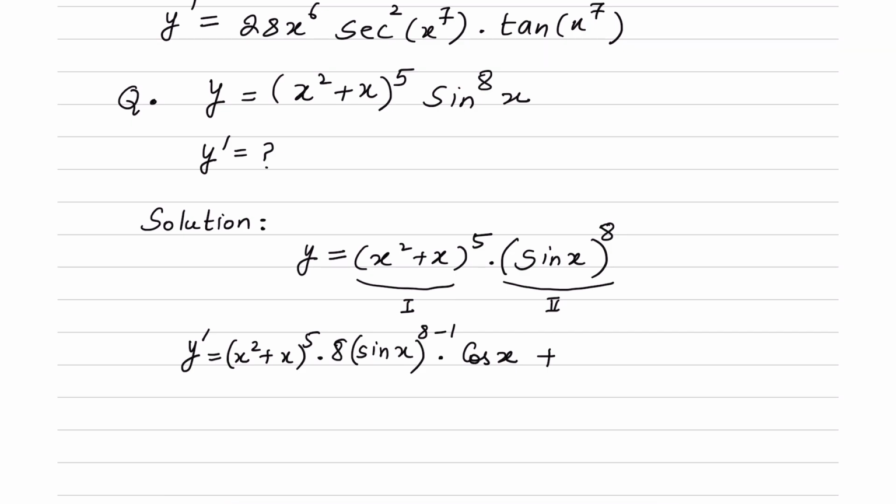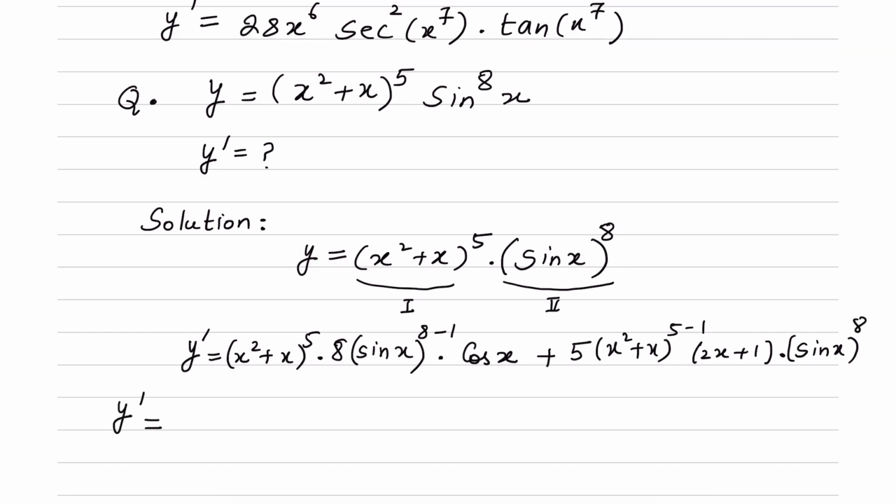So first we will apply the power rule. 5 into x square plus x, 5 minus 1, derivative of the inside term which is 2x plus 1, and the second term as it is, which is sin x to power 8. Let's simplify this expression.